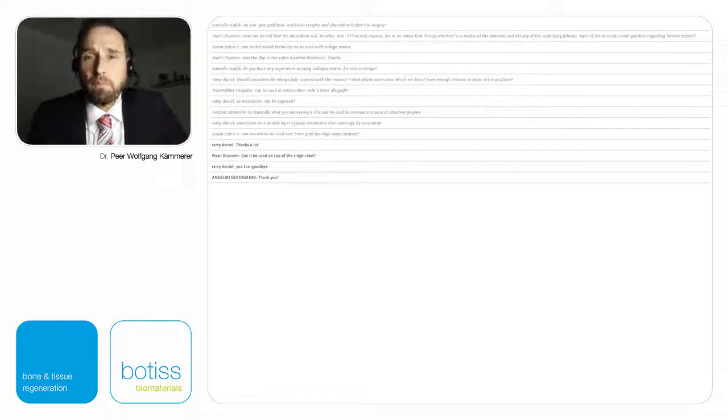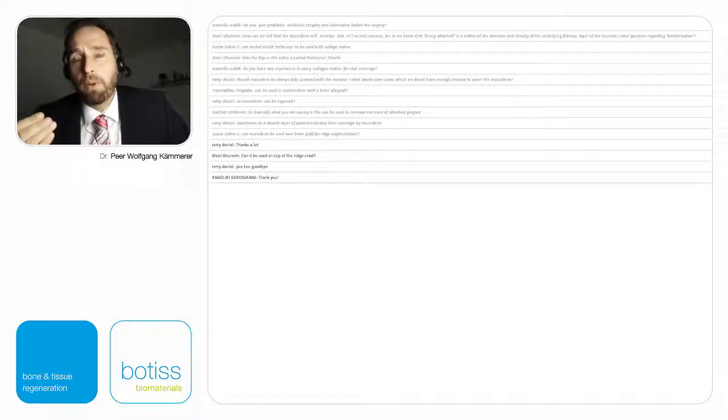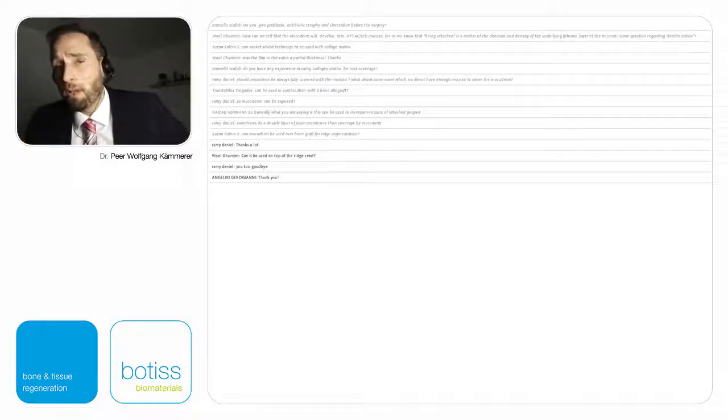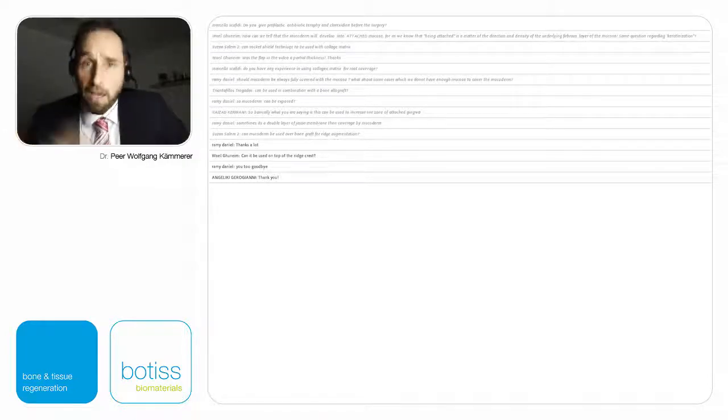My own experience is that for vestibuloplasty, mucoderm alone is good. For coverage of larger bone augmentation, I do, let's say, allograft, then Jason membrane, then LPRF, and then soft tissue coverage.